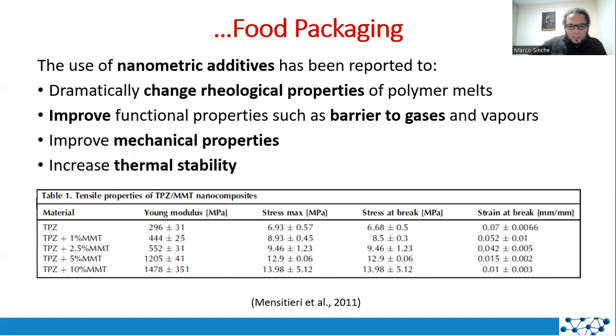In the table, we could see, for example, that some tensile properties are changed according to the amount of these additives, these nanocomposites of MNT added to thermoplastic zein obtained from maize. So it's very interesting how these values change in a very clear way.